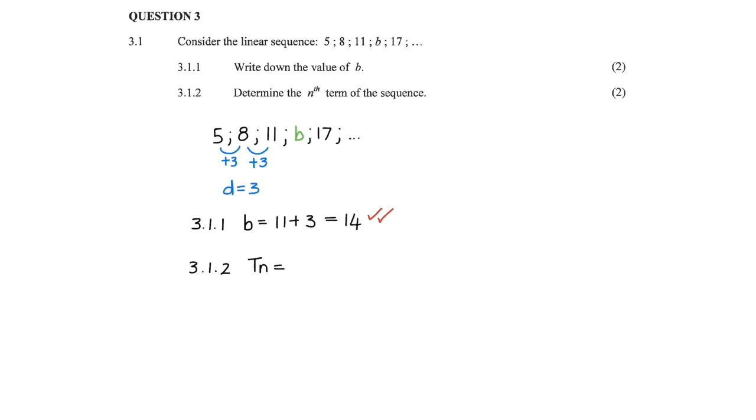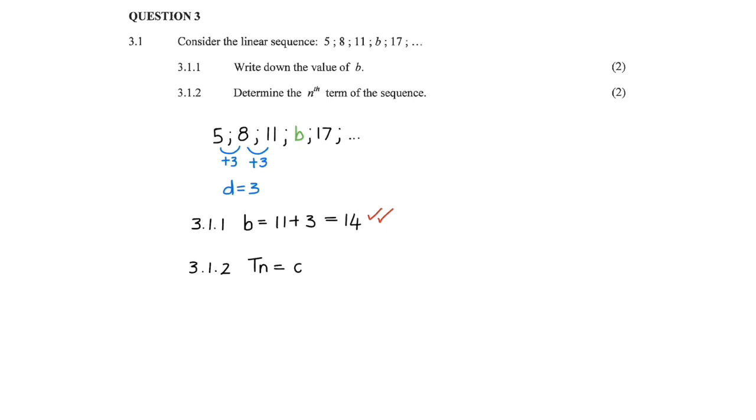So the first method that you can use is using the formula Tn equals a plus (n minus 1) times d, where a represents the first term and d represents the common difference, which we already calculated as 3.